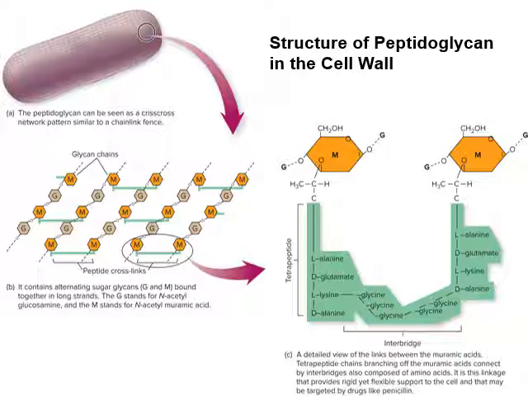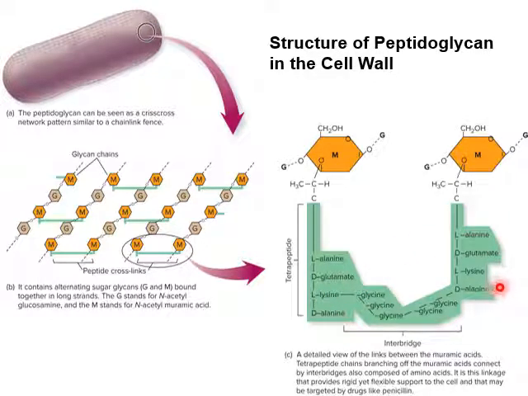Now I have a bridge. Here's my cross bridge holding it together here. And my cross bridge is going to vary within the species, but it covalently joins together this tetrapeptide chain with this tetrapeptide chain.